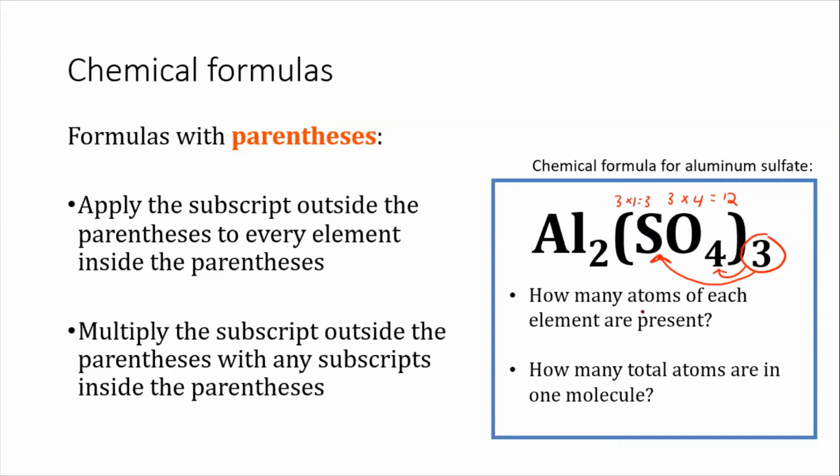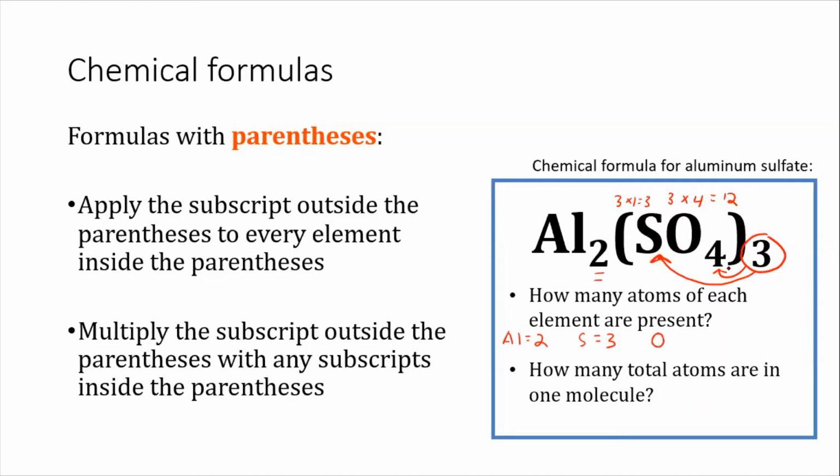So if we calculate how many atoms of each element are present: aluminum, we have 2 aluminum atoms from this 2 here. Sulfur, we have 3 sulfur atoms. We have 1 sulfur inside the parentheses, but because we have this 3 outside the parentheses, everything inside gets multiplied by 3.